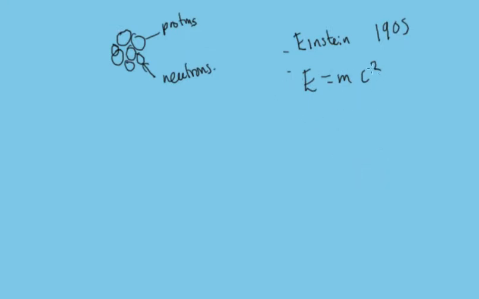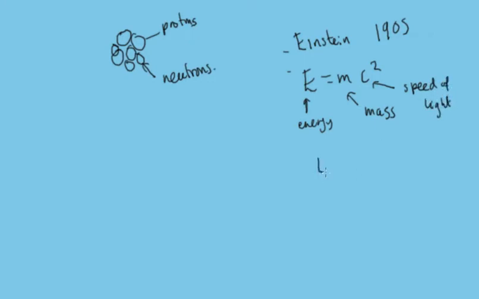Now this elegant and very simple looking equation tells us that energy and mass are equivalent. So E is energy and m is mass, and c is a constant of proportionality. It's the speed of light squared.